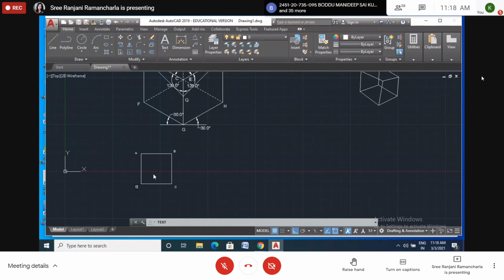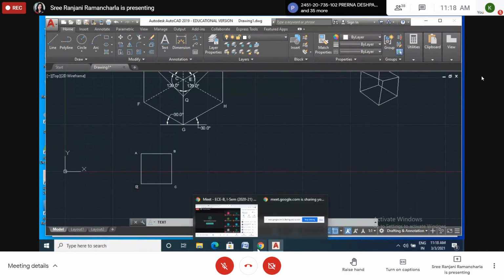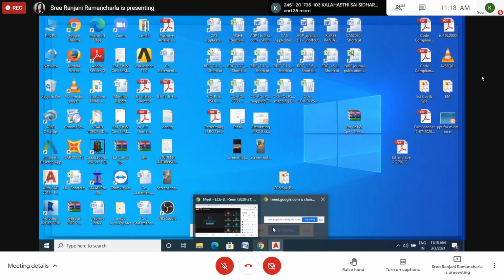So I given ABCD. For this we have to draw the isometric drawings, not isometric scale. You know what is the difference between isometric drawings and isometric scales? Just wait for a few minutes.